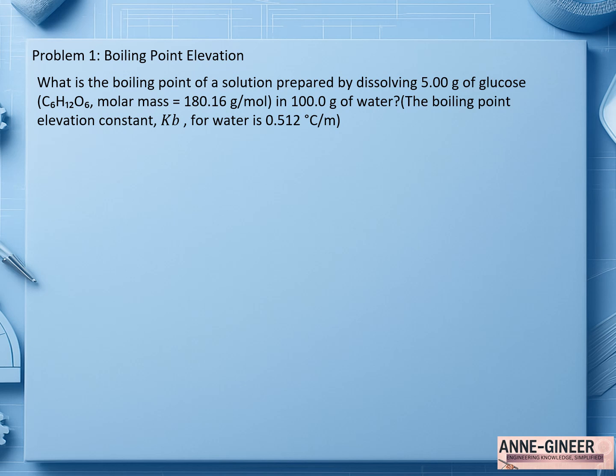Let's calculate the moles of glucose. The number of moles of glucose is 5.00 grams over 180.16 grams per mole, so this is 0.02776 mole.